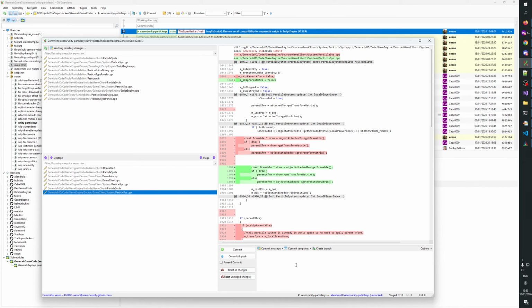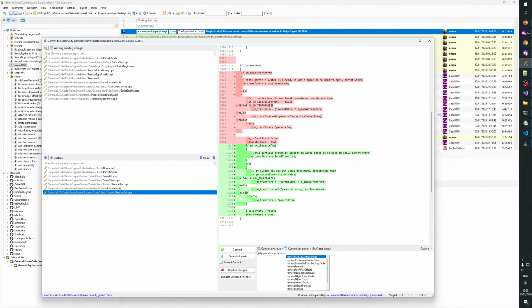Then here we do unify ParticleSys, merge, remove, merge, backports, merge drawable.